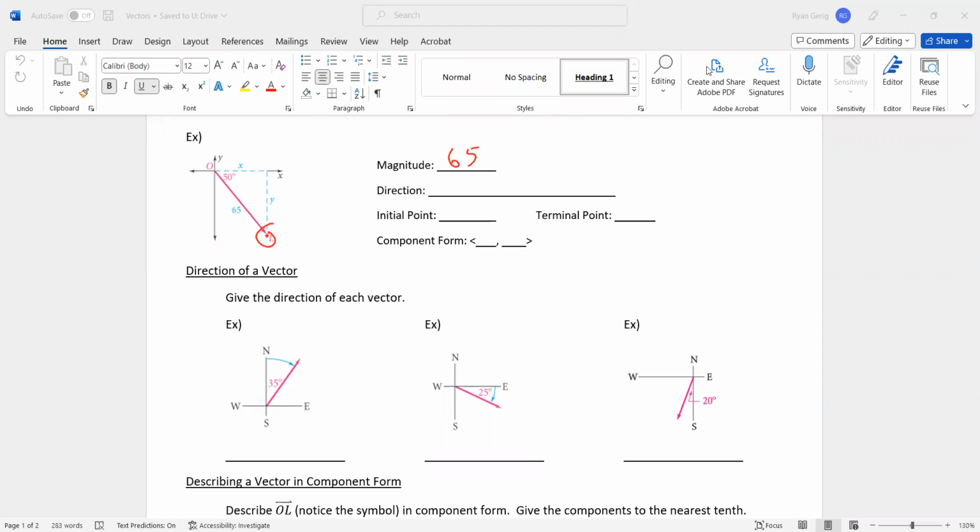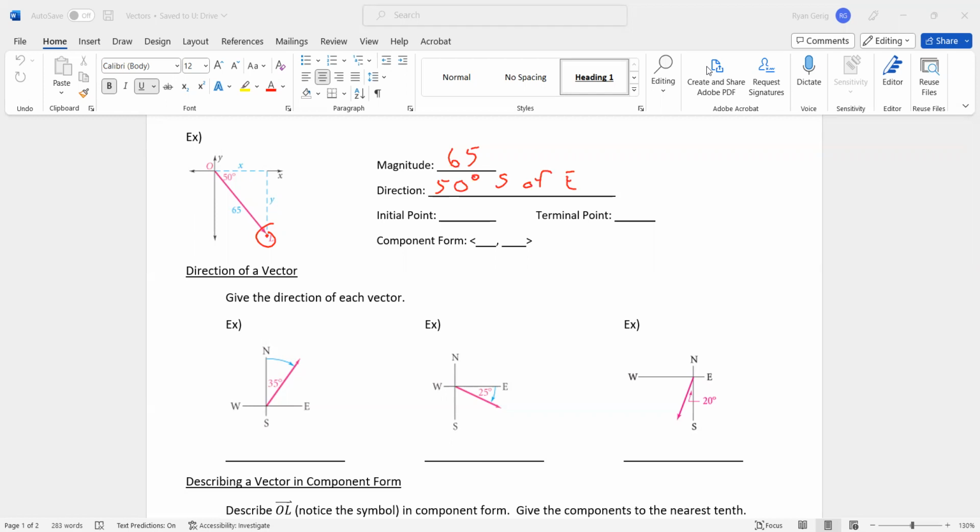The direction is the tricky part for most people. This one's actually 50 degrees, but then you have to give what are called cardinal directions. It's 50 degrees, and that's actually south of east. We'll talk about that in a little bit.